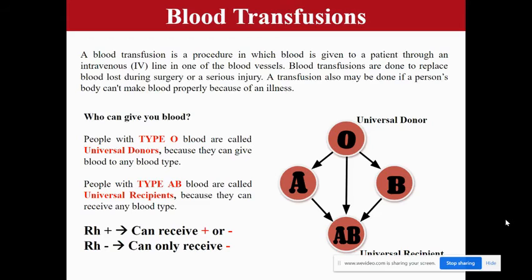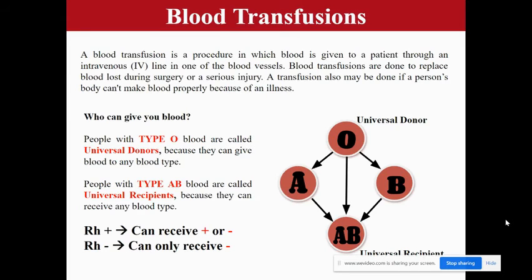Then type AB blood is considered a universal recipient, which means they can receive any blood type. So they can receive A, B, or O. Again, because of those proteins, AB blood has both A proteins and B proteins, and because O doesn't have any proteins on it, it can receive that as well.